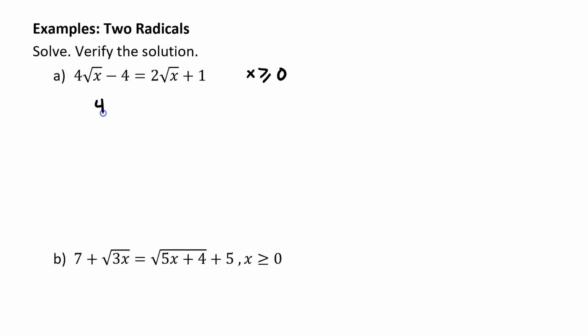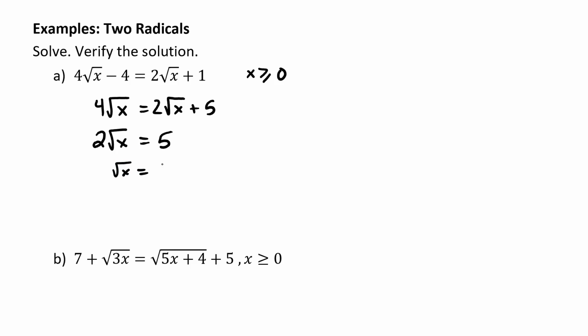So this side is 4 root x equals 2 root x plus 5. We added 4 to make it a 0, add 4 to this to make it a 5. Subtract 2 root x from both sides. So I'm left with no root x's on this side, but on this side I have 2 root x equals 5. Divide both sides by 2.